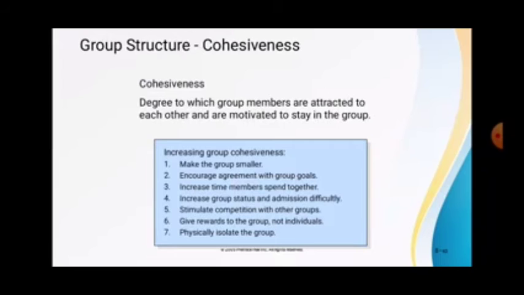Group structure: cohesiveness. This is the last aspect of group structure. Cohesiveness is the degree to which group members are attracted to each other and are motivated to stay in the group. Cohesiveness is related to a group's productivity.